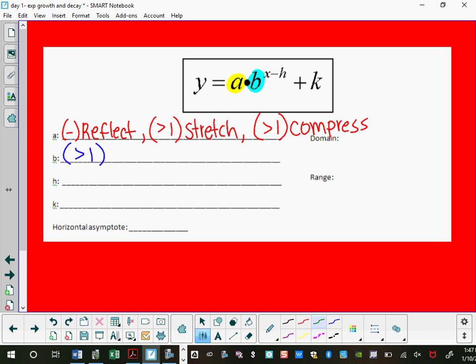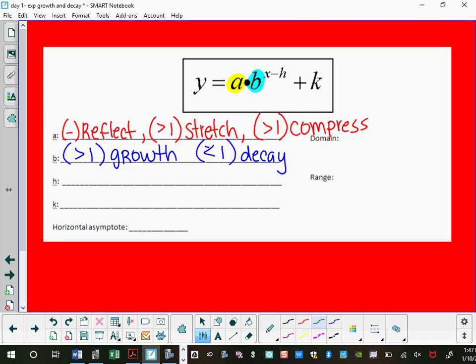If it is greater than 1, it's going to be a growth. If it is smaller than 1, it is going to be a decay.